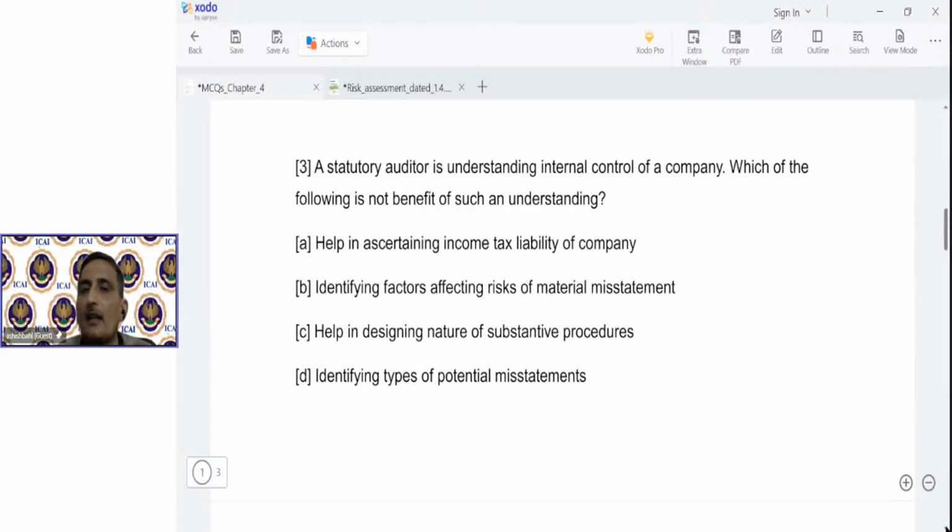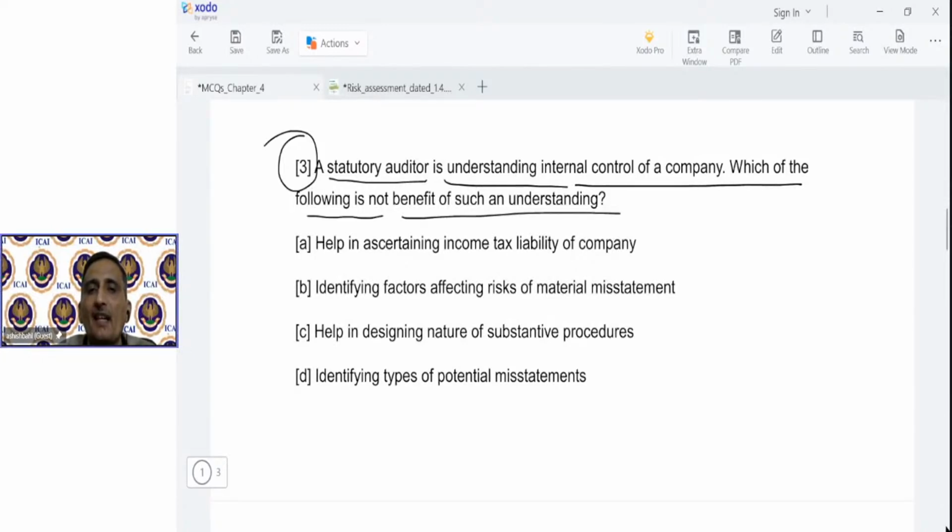Now third. Study the question and then answer. A statutory auditor is understanding internal control of a company. Which of the following is not a benefit of such an understanding?